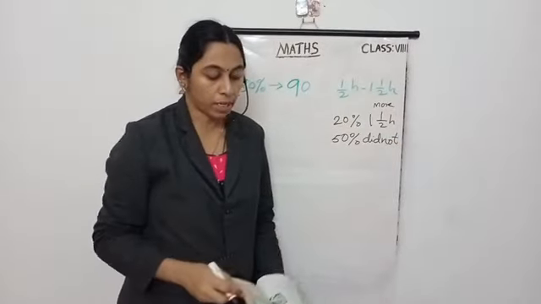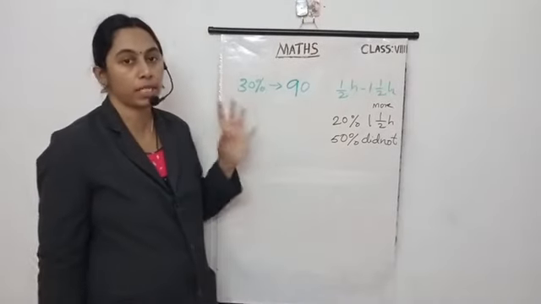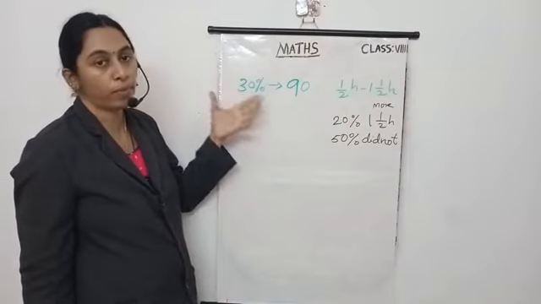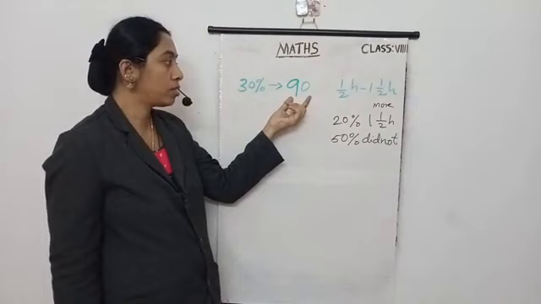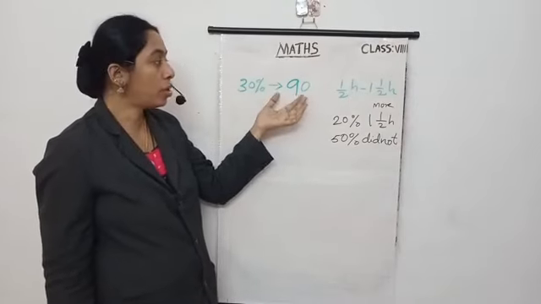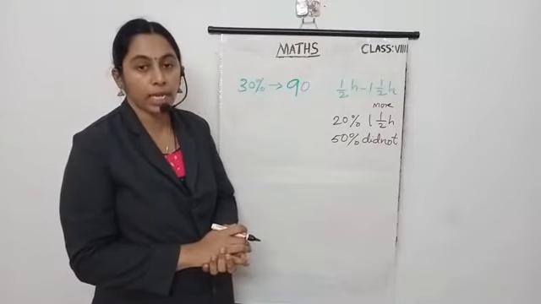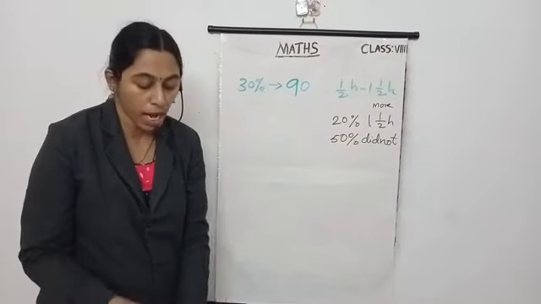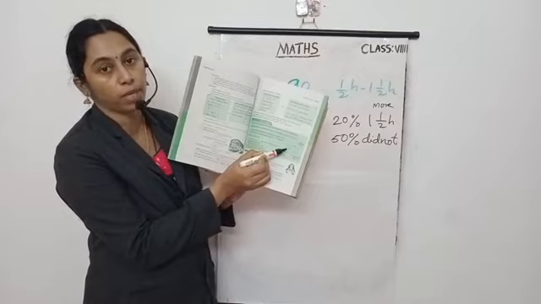Now the first question. How many parents were surveyed? We need to find the total parents surveyed. Now here one clue is from this question: 30% of total parents surveyed is 90. How did you get that clue? In this question, 90 parents helped half hour to 1.5 hours, and in this pie chart that portion is 30%.